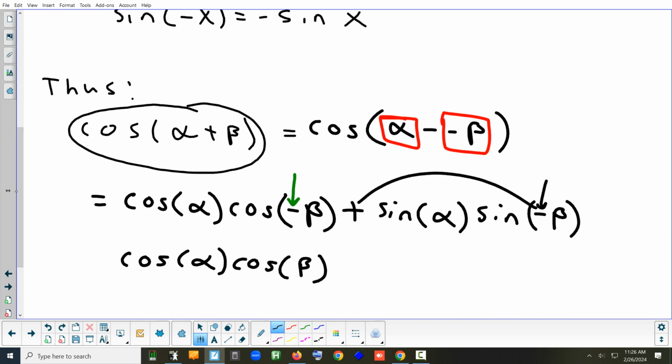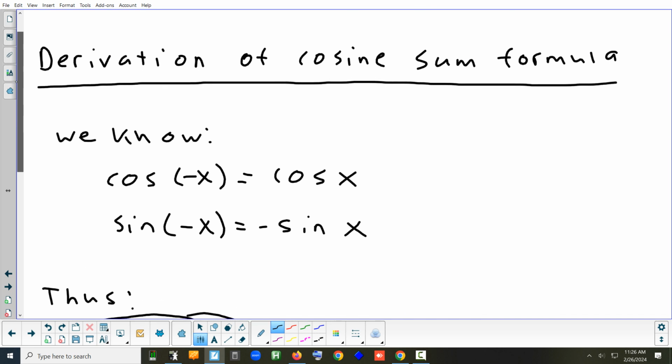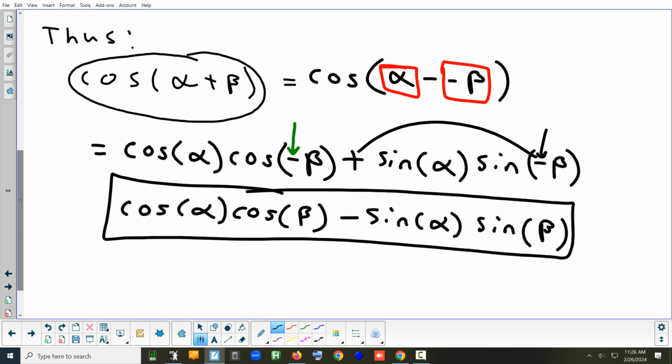Same thing here, move the negative in front, and that turns into a minus sine alpha, sine beta. And that is the formula for the cosine of a sum. It's cosine, cosine, sine, sine, and since it's a sum, we put a minus between them.